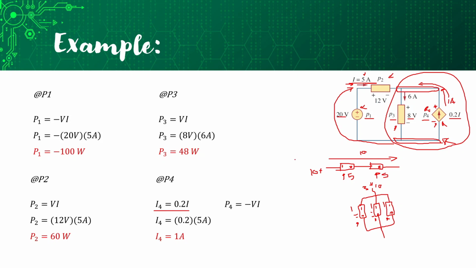Therefore, the power is in negative format. Using the given values, 8 volts and 1 amp, we solve and get a power of negative 48 watts. That's how simple it is to solve electric circuits.